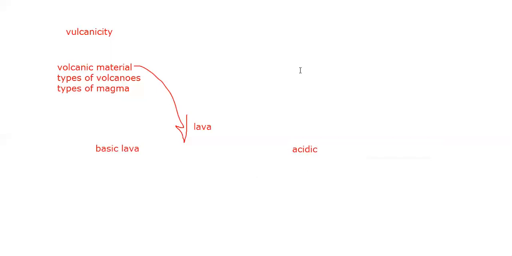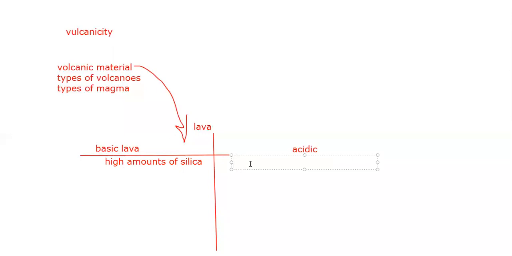Now, I'm going to summarize all of this information in the form of a table, comparing the differences between basic lava and acidic lava. The first thing about basic lava is that it has a high amount of silica, wait, I'm sorry, low amounts of silica.